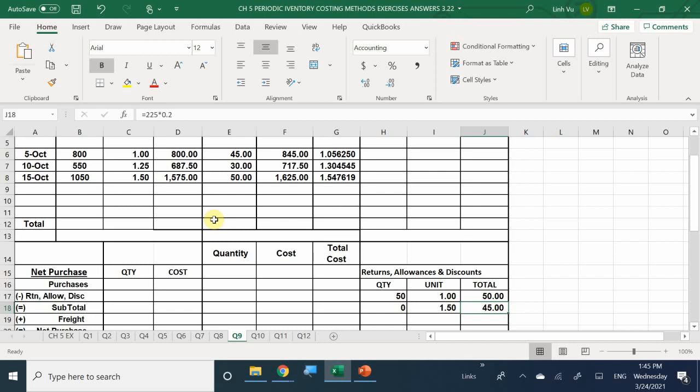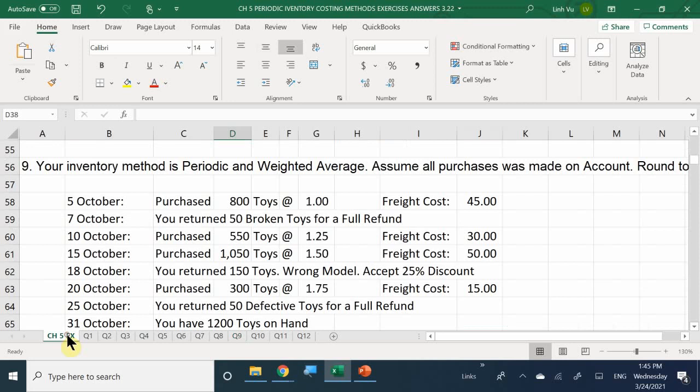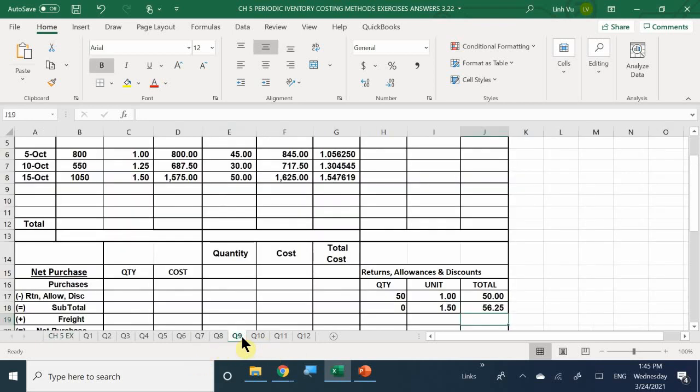Yes, you multiply by 25%. Okay, because they sent us the wrong one. Instead of a different color, this is a completely different toy. So they sent us 25% instead. So it should be $56.25. Okay.